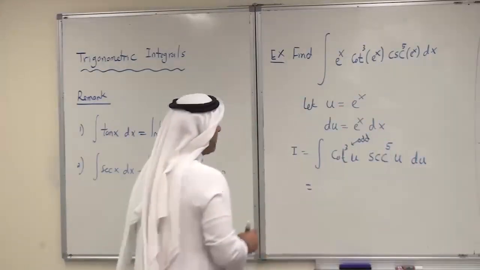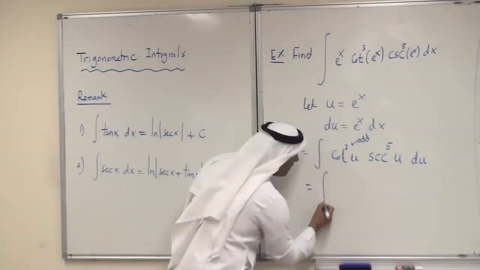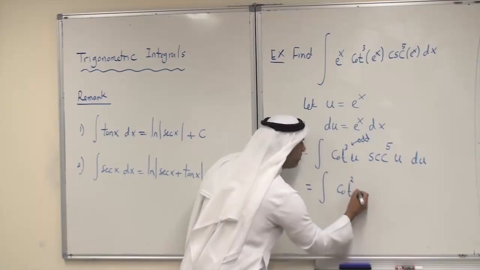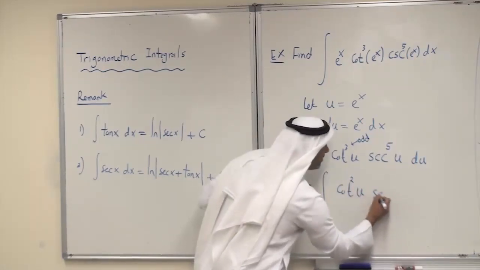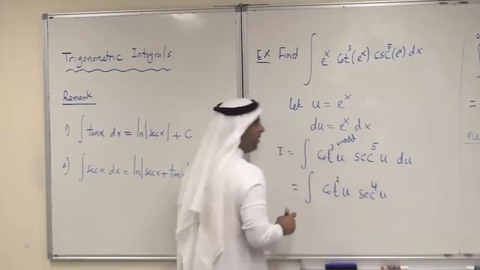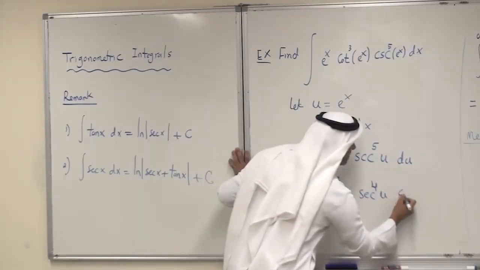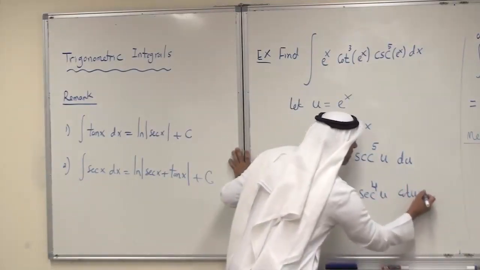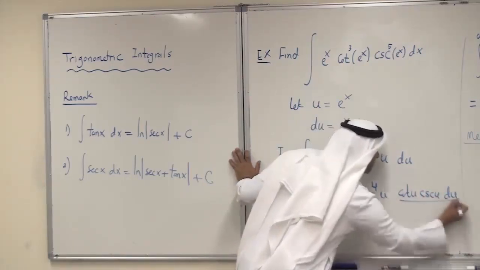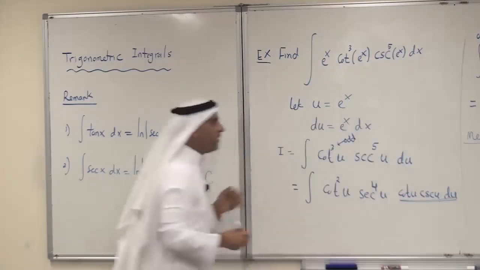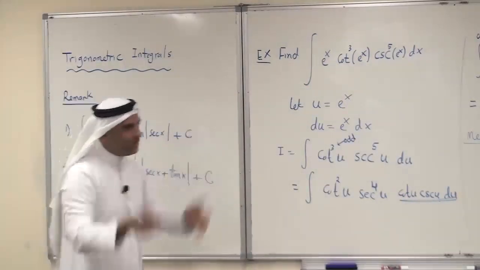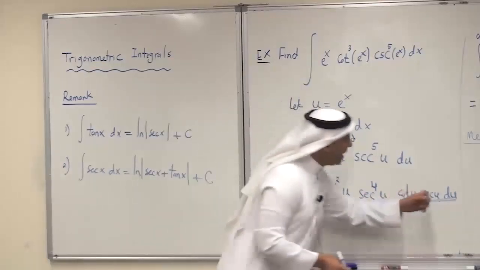So we have cotangent squared of u, cosecant to the power 4 of u, and what remains is just cotangent of u, cosecant of u, du. I save this one to the end because I need to make cosecant equal to something else, w for example, and this will be dw.